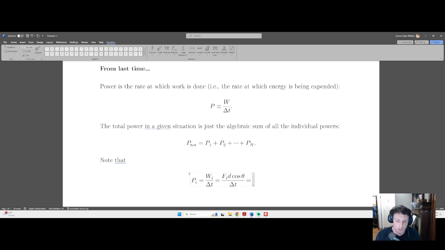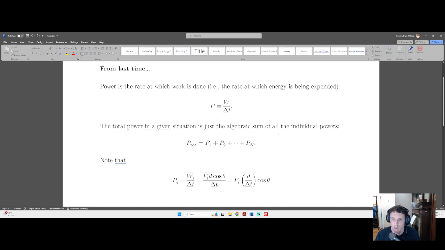And I'm going to write this in a different way. I'm going to write F times d over delta t times cosine theta. This is just inside the parentheses here, right? This is just a displacement over time, and that's what we would call a velocity.